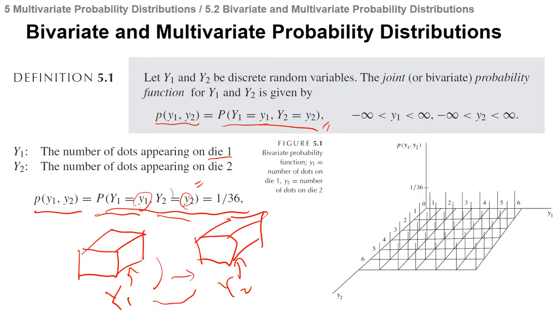With a graph, we can represent the probability related to y1 and y2 like this. This axis is for y1, and this axis is for y2. For each of the y1 and y2 axes, we can have the values 1 to 6, and for each combination, the probability is 1 over 36. Okay.